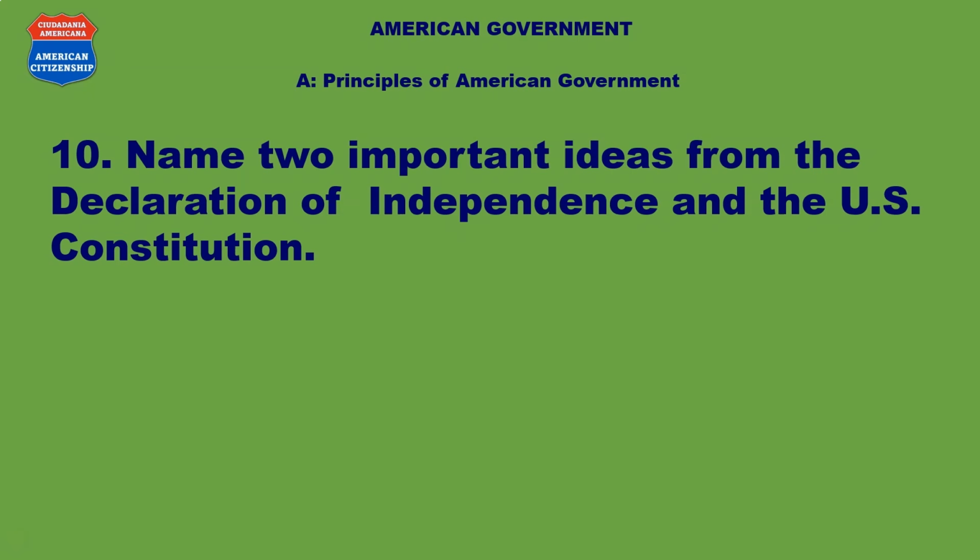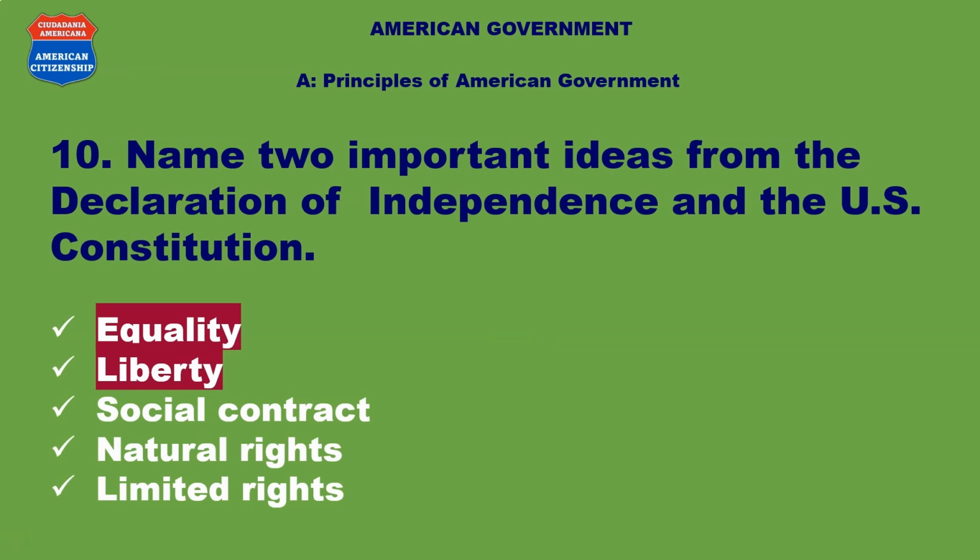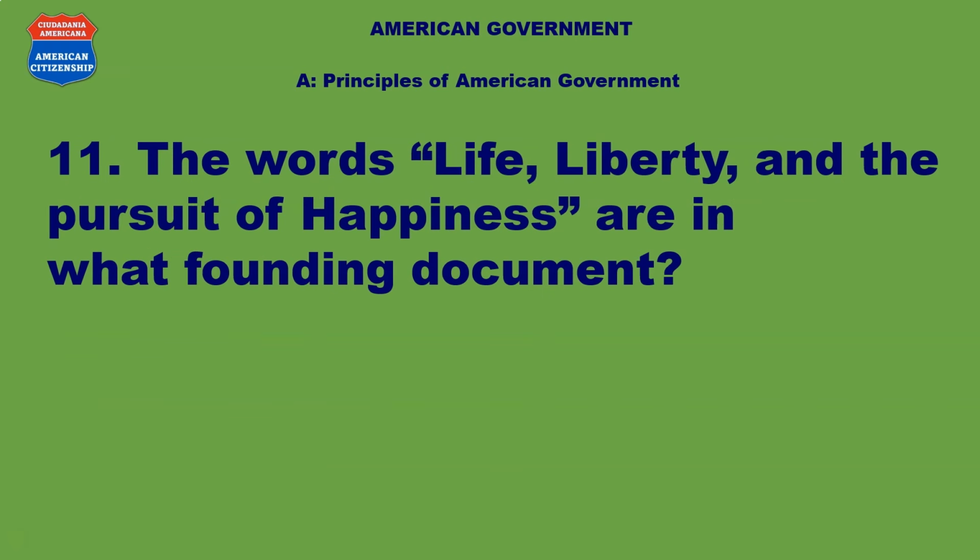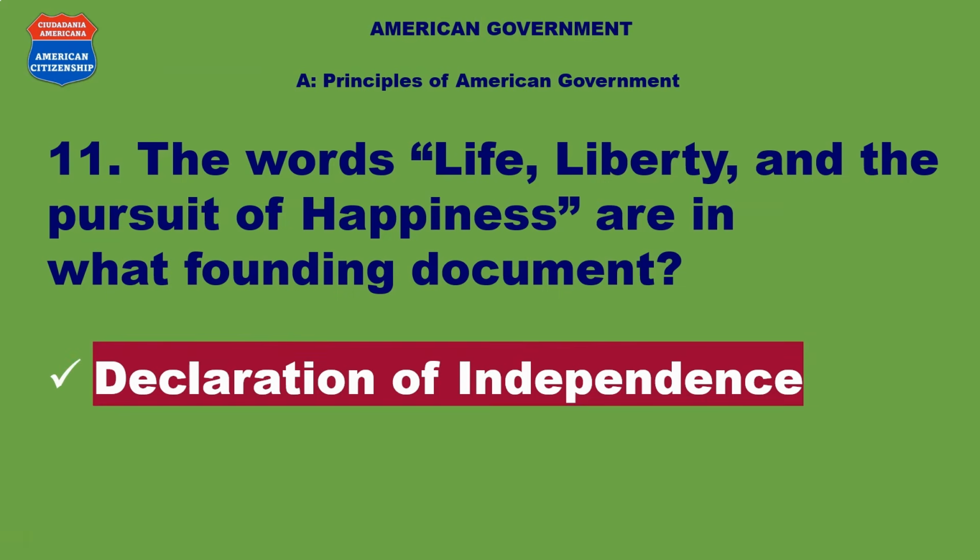Name two important ideas from the Declaration of Independence and the U.S. Constitution. Equality and liberty. The words life, liberty, and the pursuit of happiness are in what founding document? The Declaration of Independence.